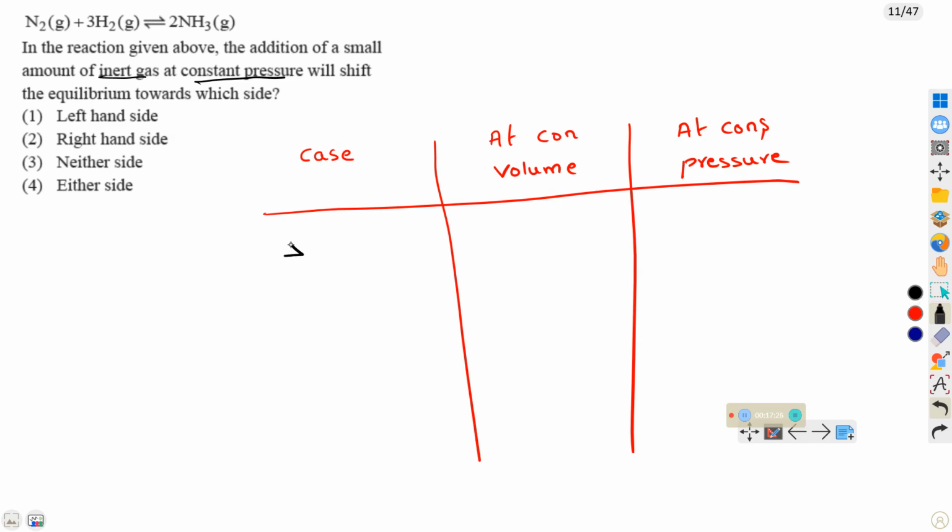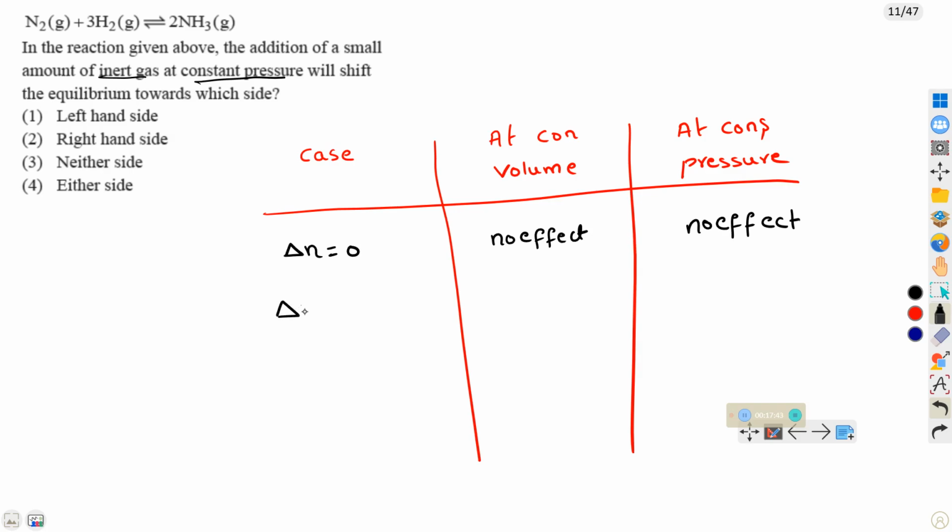For example, delta N is equals to 0, there is no effect. Addition of inert gas has no effect at constant volume and constant pressure also.